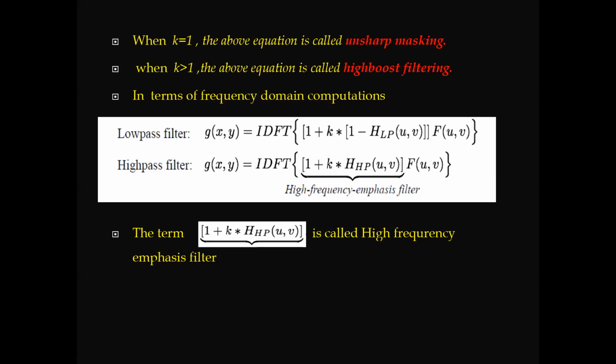In terms of frequency domain computations, for the low pass filter, g(x,y) equals IDFT of [1 plus k star (1 minus H LP(u,v))] into F(u,v). For the high pass filter, g(x,y) equals IDFT of [1 plus k star H HP(u,v)] into F(u,v). Here 1 plus k into H HP(u,v) is called the high frequency emphasis filter.